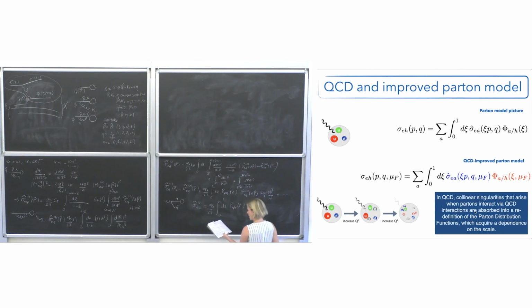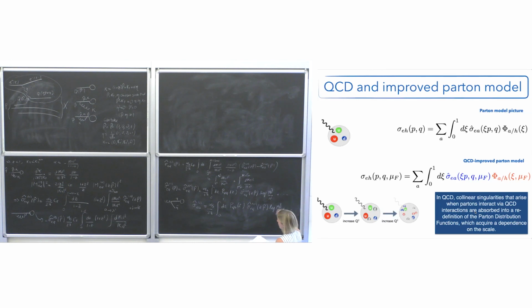Again, it's proportional to sigma hat of EQ, ZP, and the same log which we want to get rid of, plus finite terms, okay? So now we have calculated the QCD corrections to that, in a very rough way.